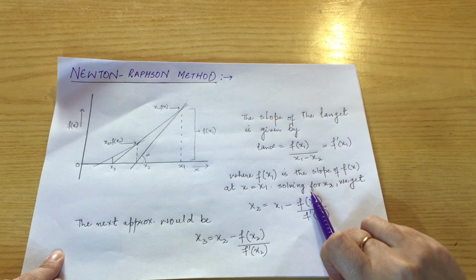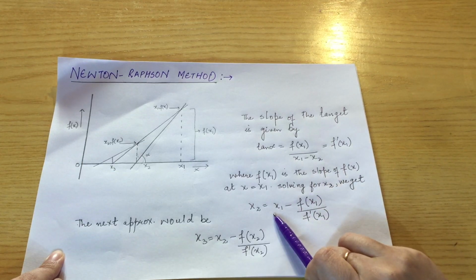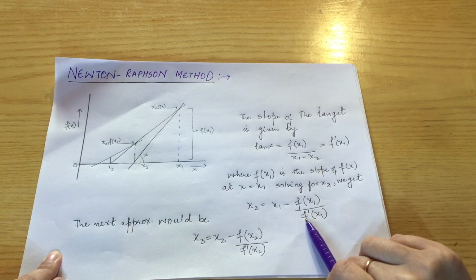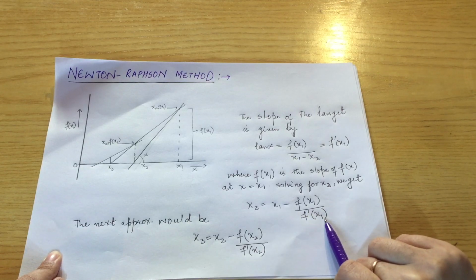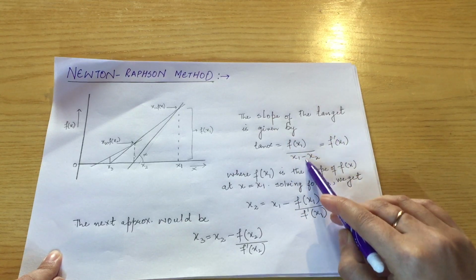So when we solve this for x2 value, this will be equivalent to x1 minus f of x1 divided by f dash of x1. So we are basically solving this equation for x2.